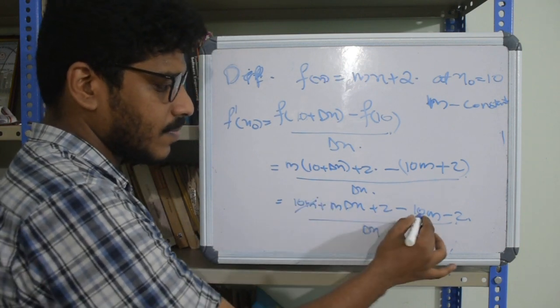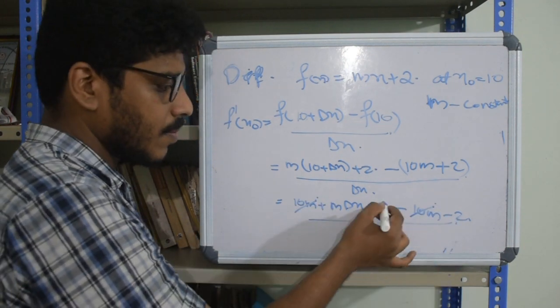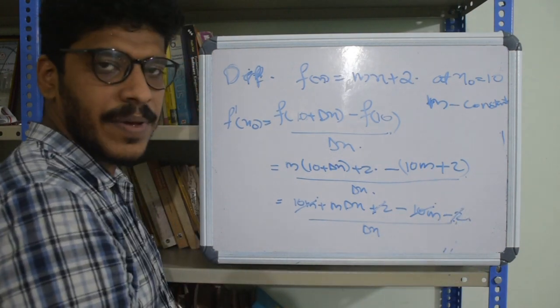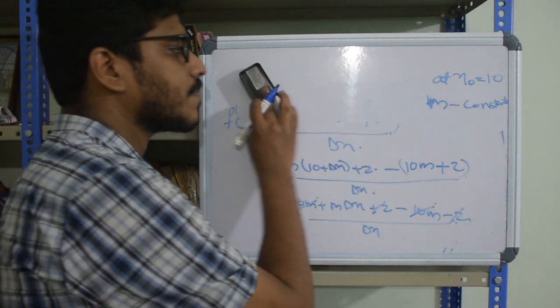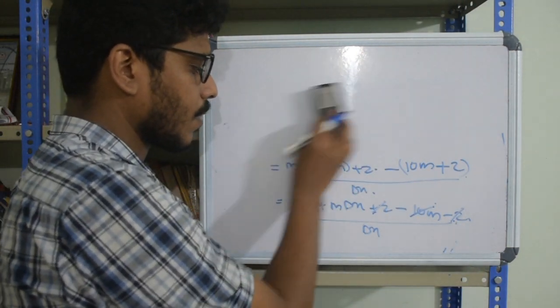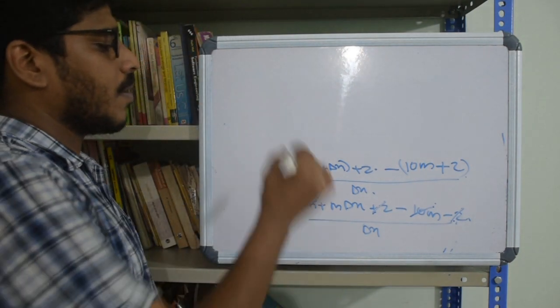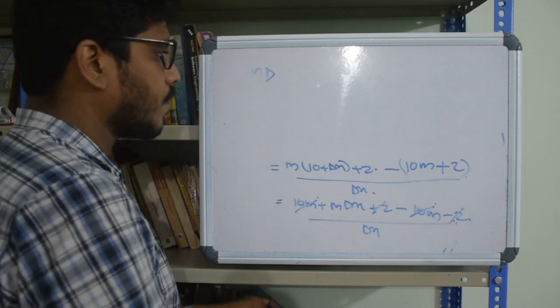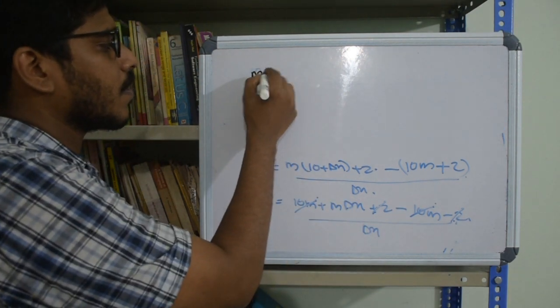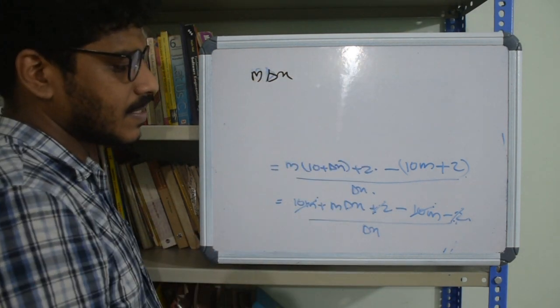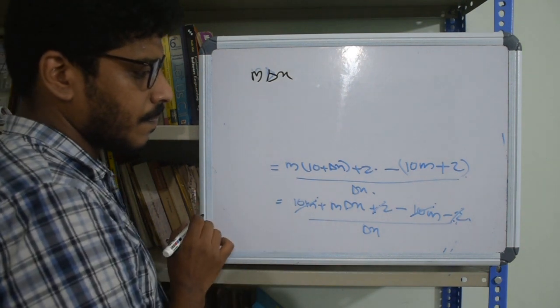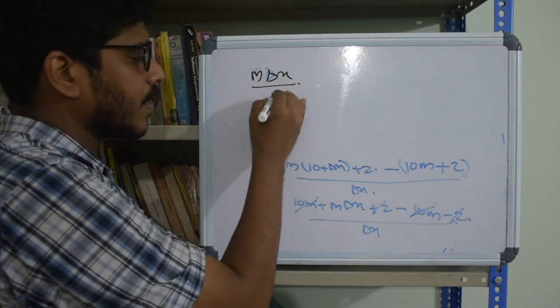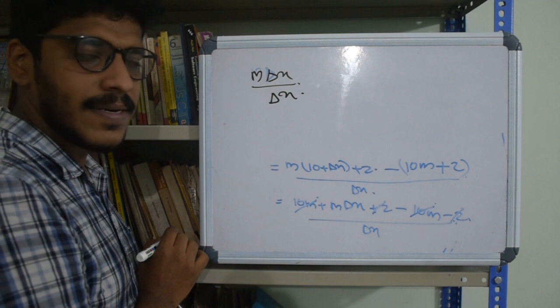So this 10m, this negative 10m, plus 2 minus 2 will be cancelled out. So what will be left? M delta x divided by delta x is left here.